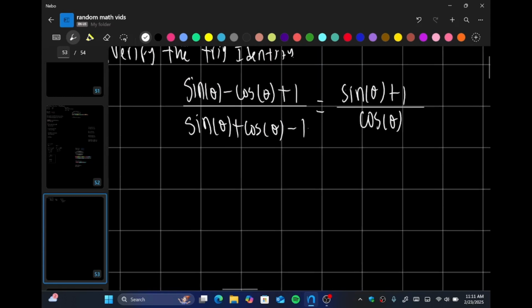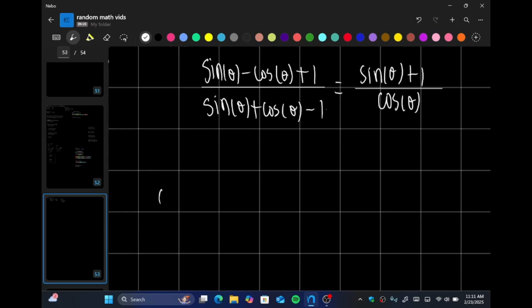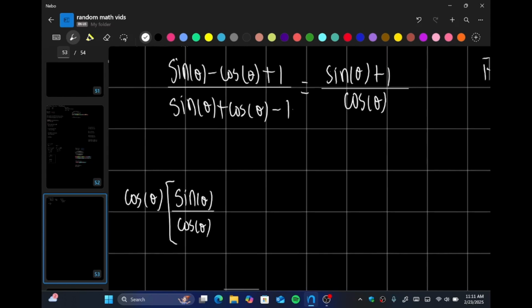So we're gonna have, on the top, cosine theta times the quantity. Now, to get from cosine theta to sine theta, we're gonna multiply times sine theta over cosine theta. And then this second part here, we're just going to do a minus 1.